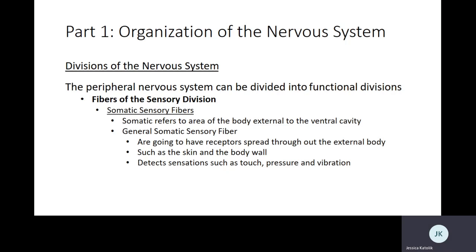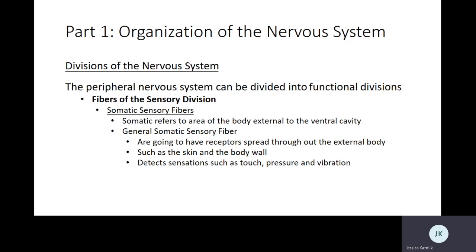Let's talk about the structures located in the sensory division of the peripheral nervous system. We're going to be talking about nerve fibers. A nerve fiber is a long axon that has a unique function.